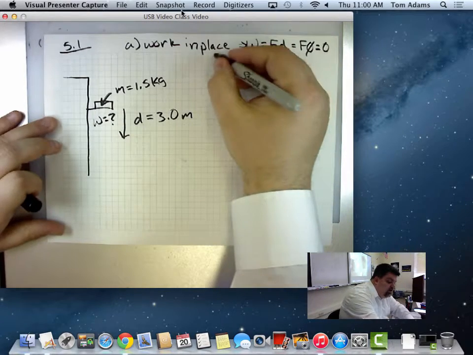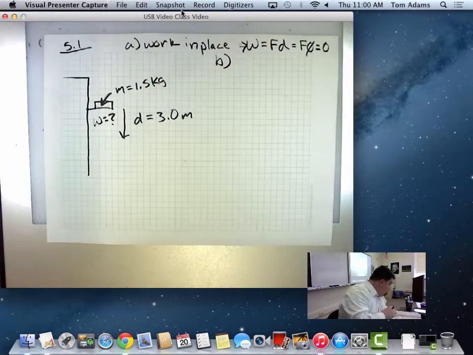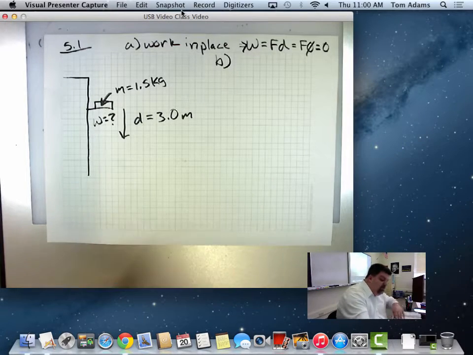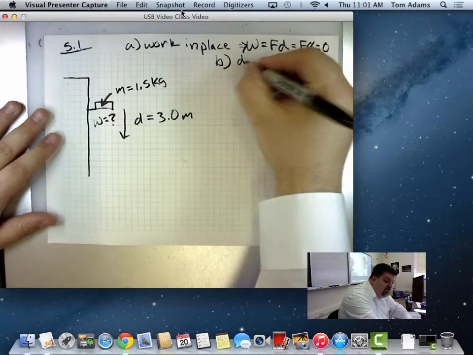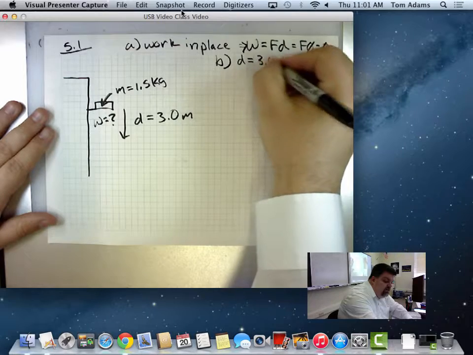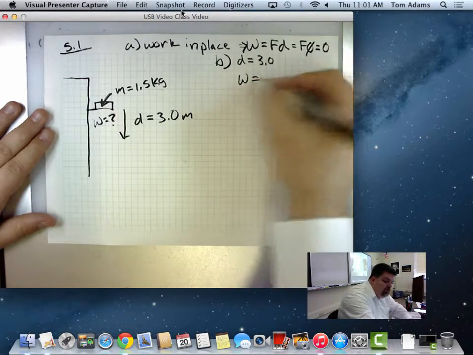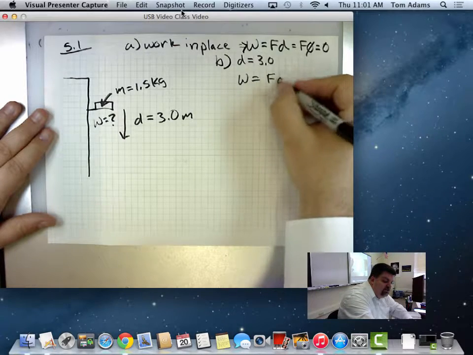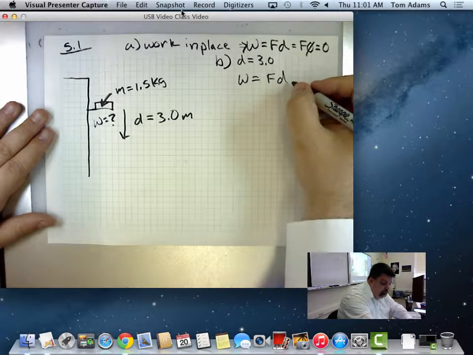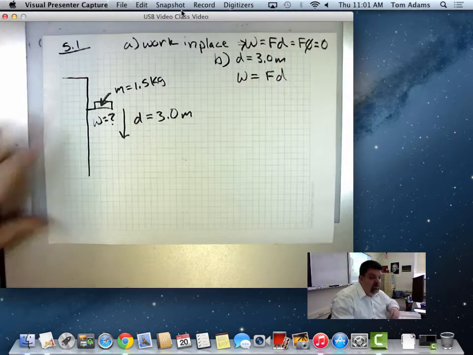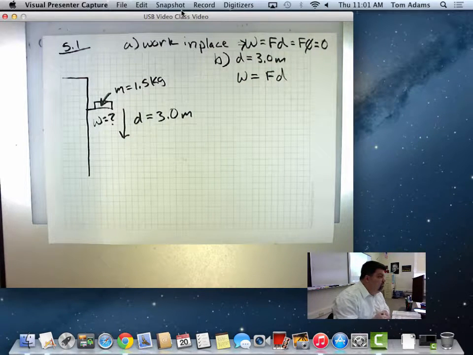Now part B is a little more complicated. Part B wants to know how much work is being done by gravity if it is displaced 3 meters. The work is equal to the force times the displacement, and the displacement is 3 meters. So what do we need to calculate? The force due to gravity. That's a simple thing we can calculate.